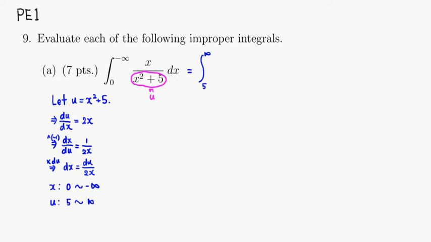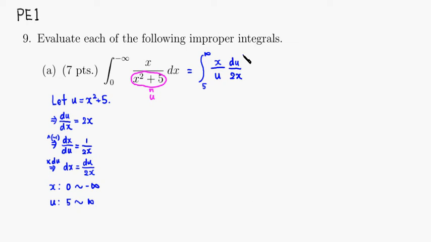We have x, which I'm going to leave as it is and take care of later. So the denominator is u. Then we have dx, which we just found is the same thing as du over 2x. So I'm going to put du here over 2x.